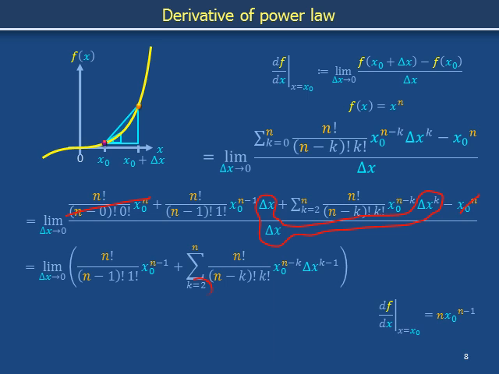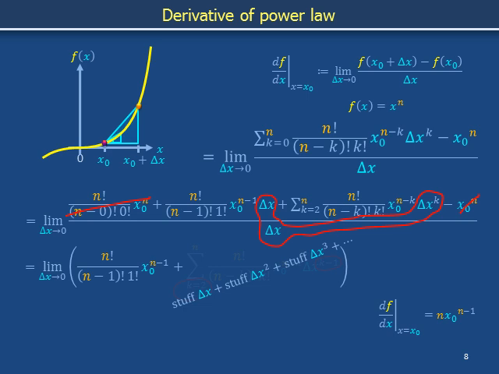Because this sum starts from k equals 2 and the power of delta x is k minus 1, the powers of delta x that will appear, of course with additional coefficients, are delta x, the square of delta x, the cube of delta x, and so on as necessary to reach the n minus first power of delta x.